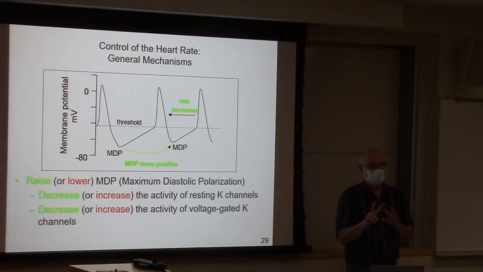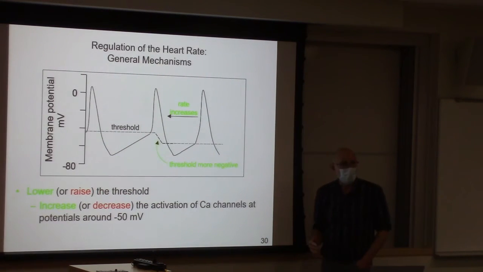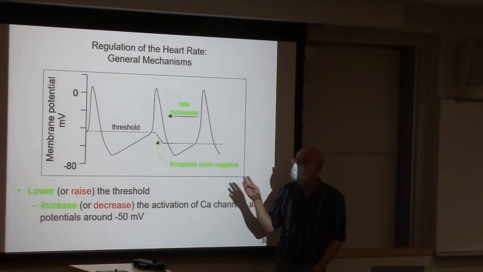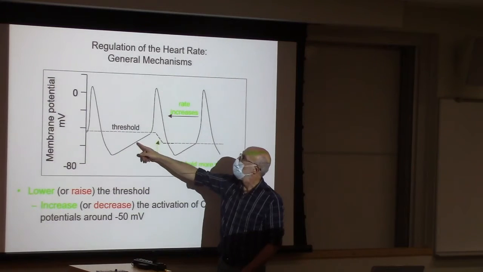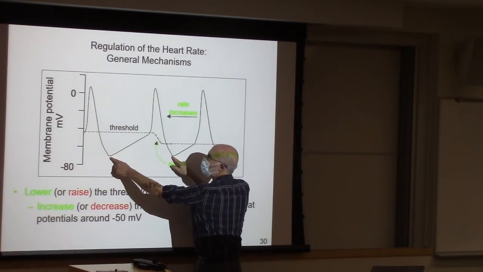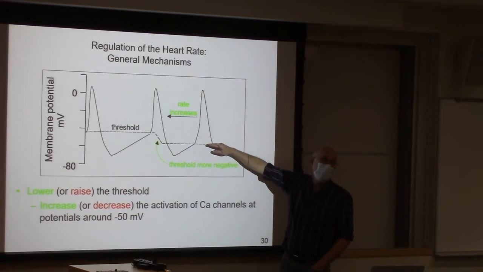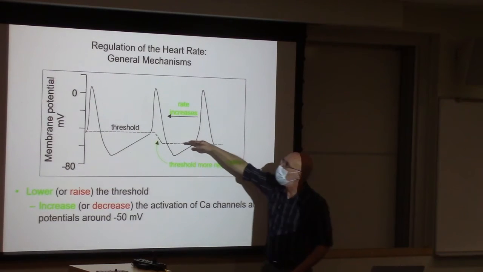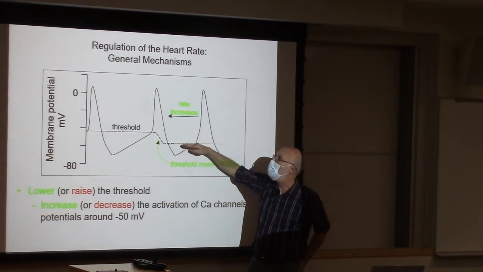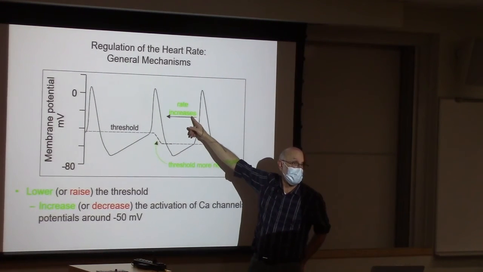Okay, so that was generic mechanism 2, and now generic mechanism 3 is to change threshold. You should notice here in generic mechanism 3, the slope is not changed, the starting point is not changed. It's just that when the action potential is triggered, the threshold is made more negative. In this case, if the threshold is made more negative, it will reach it faster and the rate increases.